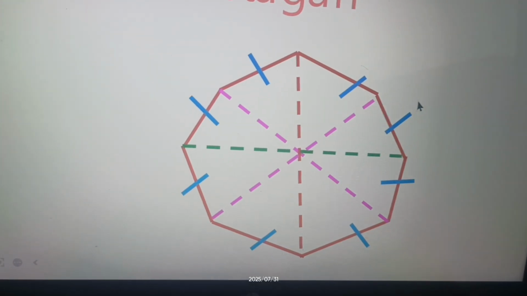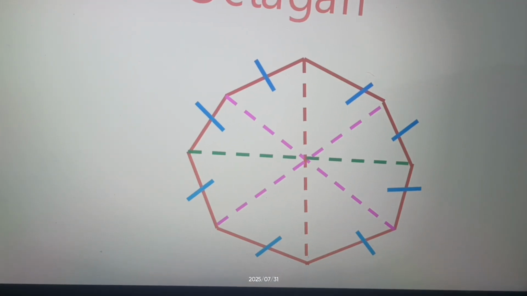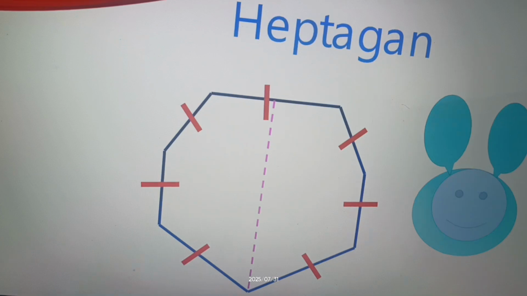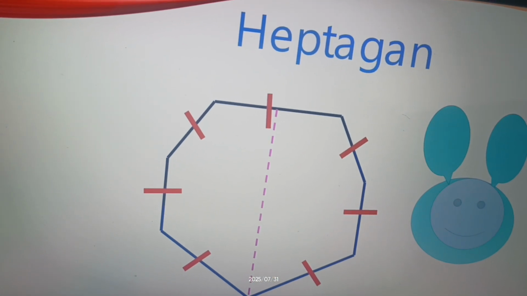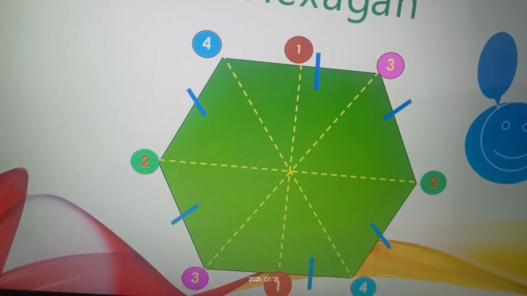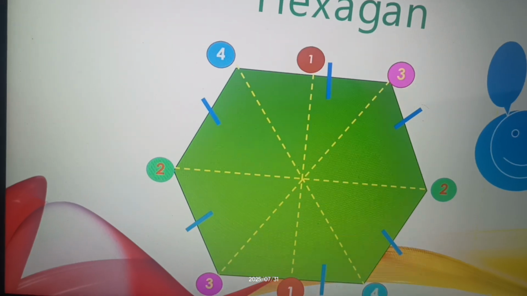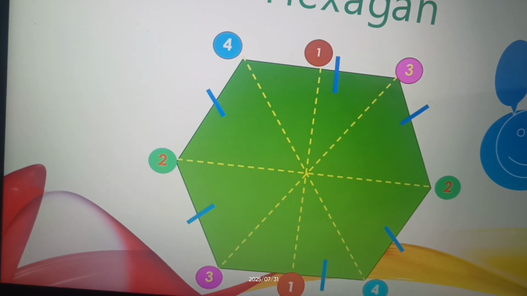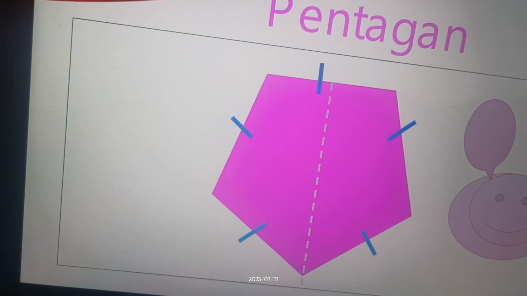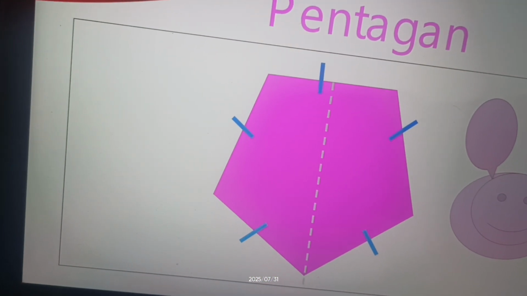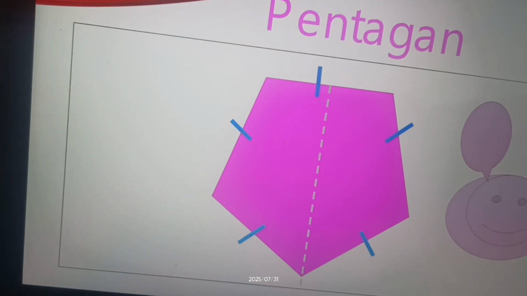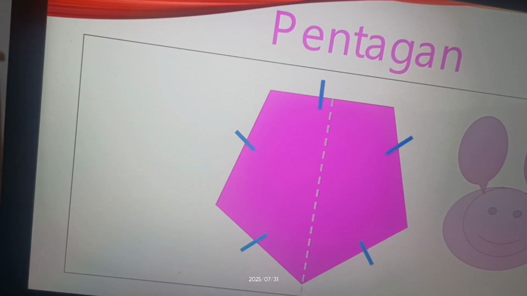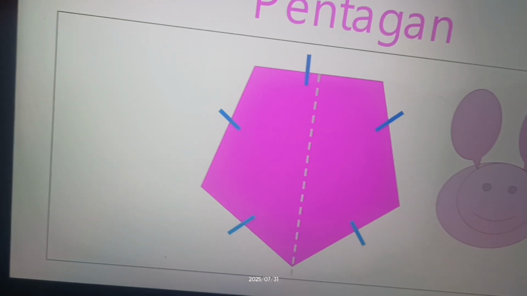This is called octagon. Practice to draw this octagon, heptagon, hexagon. Hexagon, you know how to draw it easily, no? You practice to draw that Vesak lantern. Then pentagon. Pentagon also is not familiar for you, but it's like a purse of grandma sometimes.